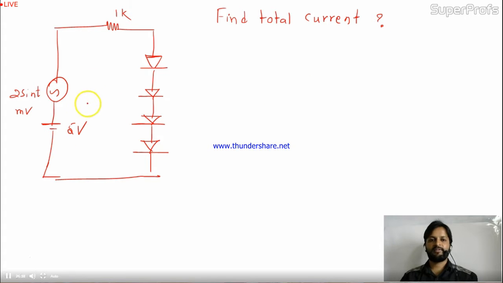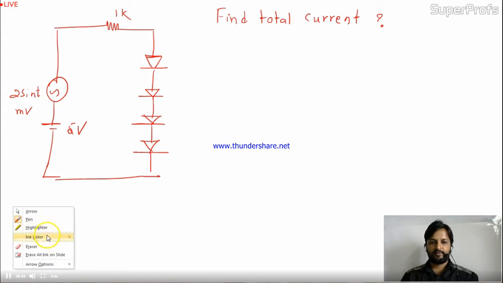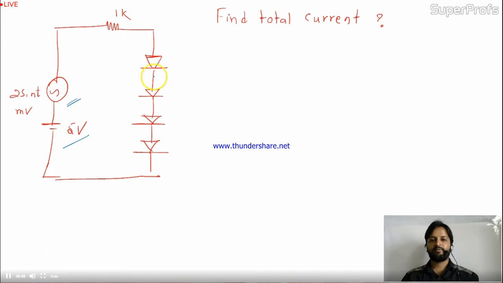Now if you observe this circuit, you have an AC source as well as a DC source, right? So it means we have to apply the idea for DC and AC both. Why? Because we have diodes in the circuit also.